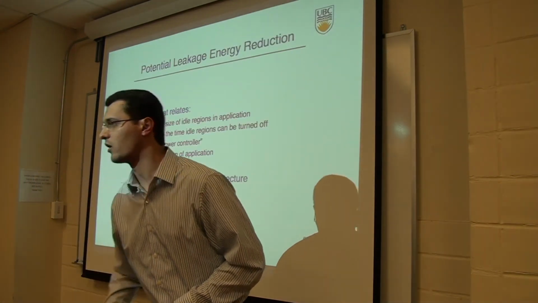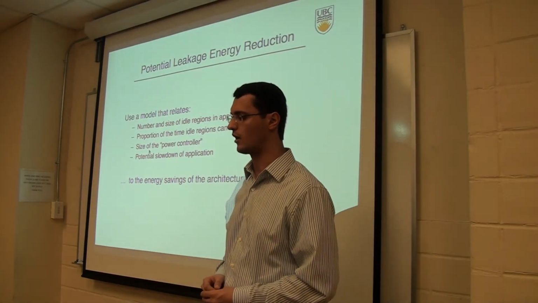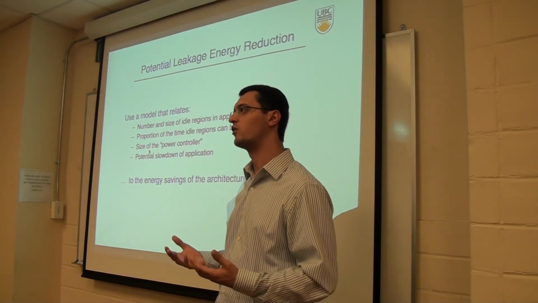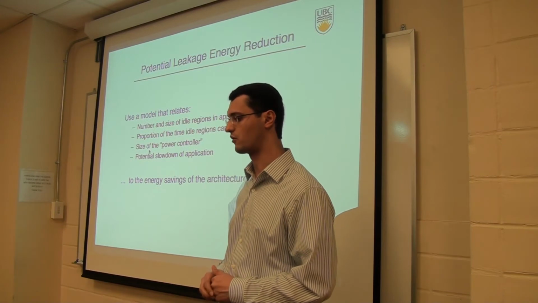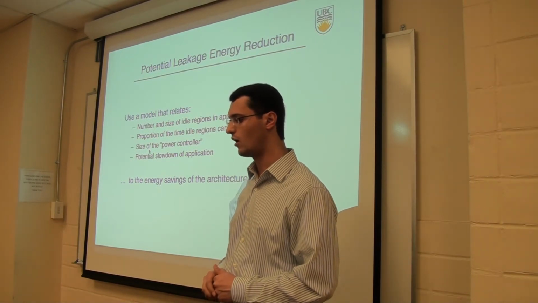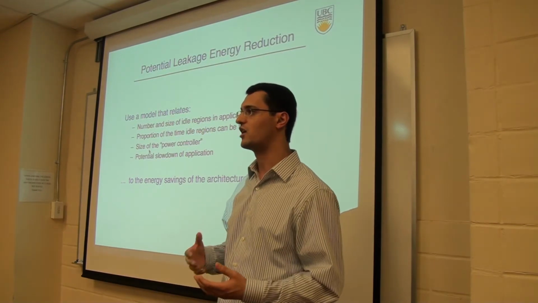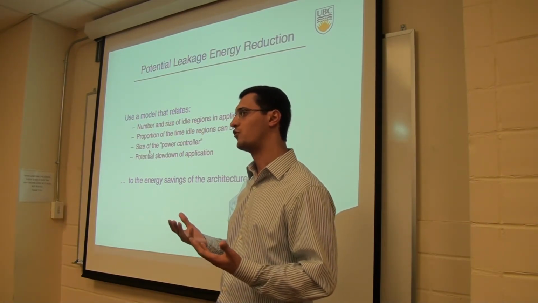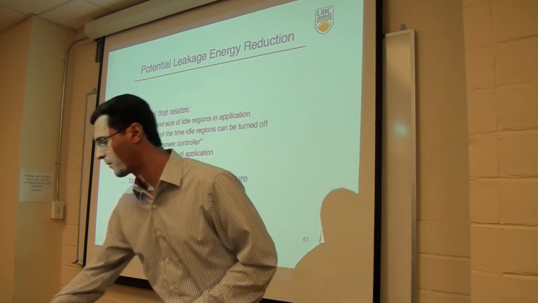So we did some system level evaluation for the whole architecture after we got all of these results. And we used a model, for example, to find what is the upper bound on the savings that could be achieved from this architecture. This model basically relates the application behavior and the application structure to the amount of savings that could be obtained from this architecture.